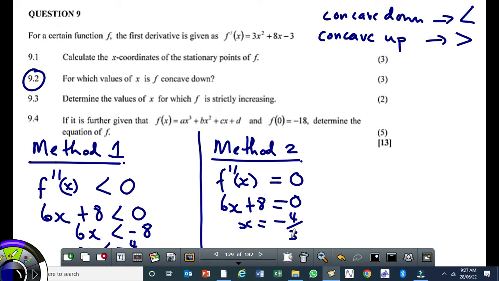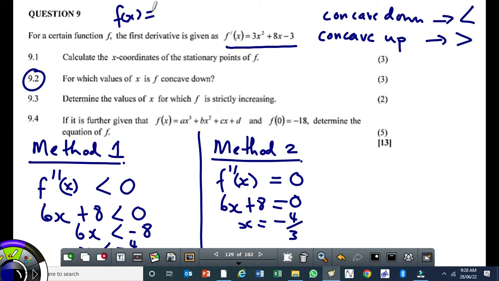Alright, now it's not that complicated, but it requires you to know more. How many of you agree with me that if I move from the first derivative to the original cubic function, that cubic function is going to be f of x equal to what?